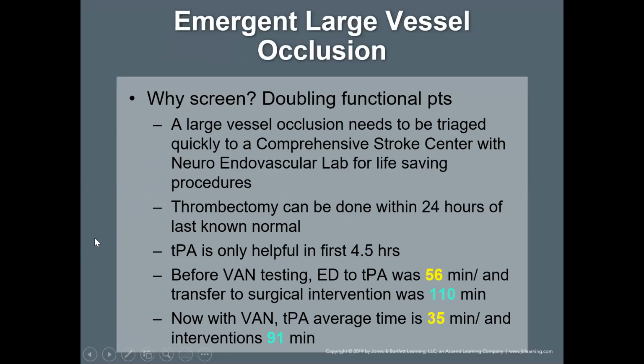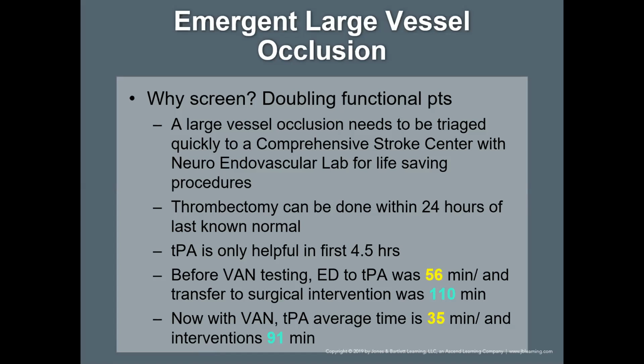All right, large vessel occlusion. Why are we doing this VAN exam? Like they were saying in that video, a large vessel occlusion absolutely needs to be triaged and taken to a comprehensive stroke center, or a level 1 stroke center is what they call it here, with a neuroendovascular lab for life-saving procedures.